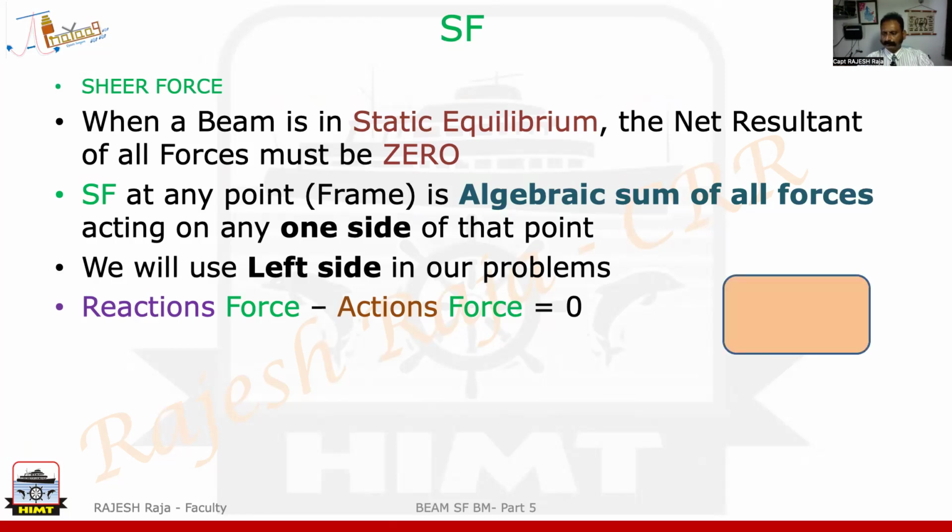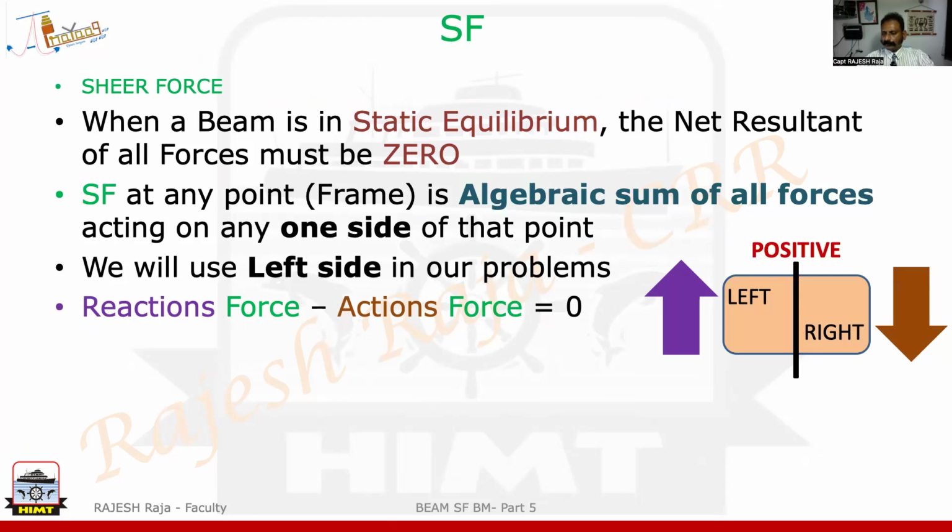Let me show you a small beam and let me take a small section where I'm standing. So for me, this is left. If I have a force in this direction on the left and on the right side, I have it in this direction, this is called positive forces. If I give it to you in a slightly different way, you can see both these forces are trying to give me a clockwise rotation.